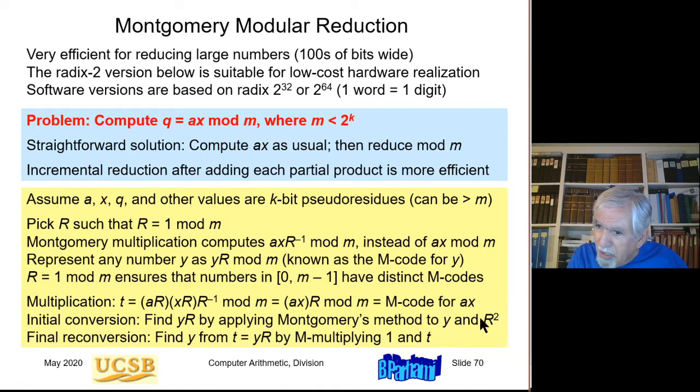R squared is a constant. If I multiply y by r squared using Montgomery's method, y r squared times r to the minus 1 gives you y times r. So using Montgomery's multiplication method, I can initially encode all my numbers in Montgomery codes.